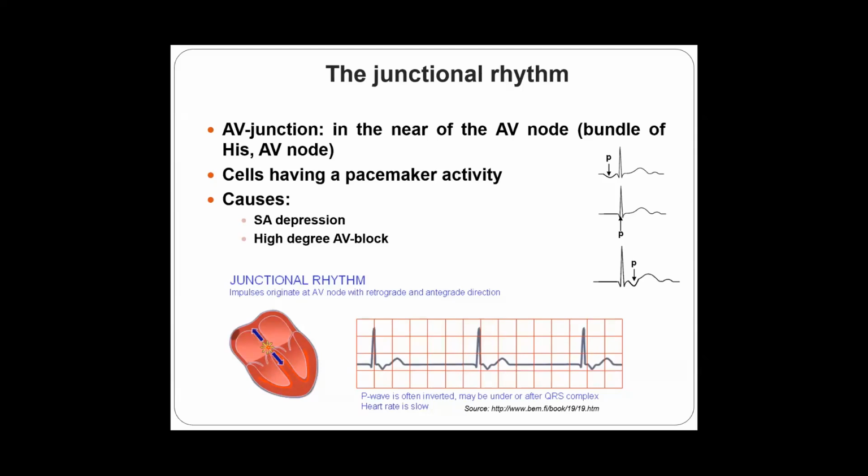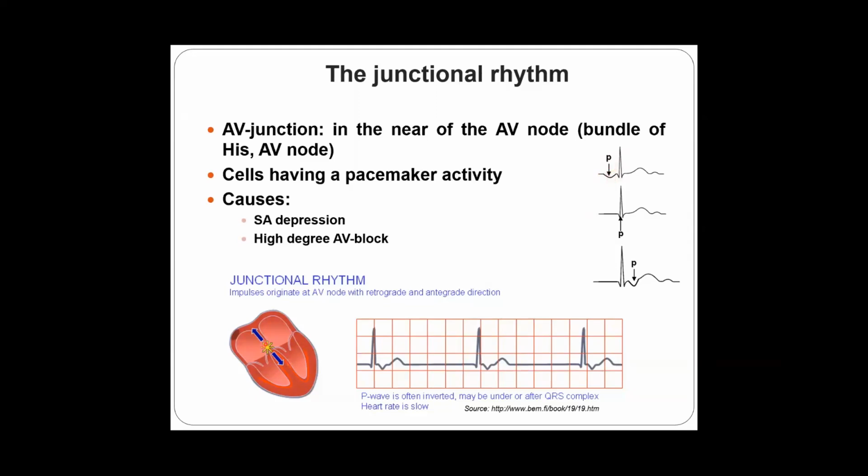So the charge propagates faster toward the atrium than toward the ventricle. This is why we do have a P in front of the QRSs, but the direction of the P is exactly the opposite. What does it mean? In AVR, we do have a positive P wave, and in lead 2, we do have a negative P wave, but in front of the QRS complexes.